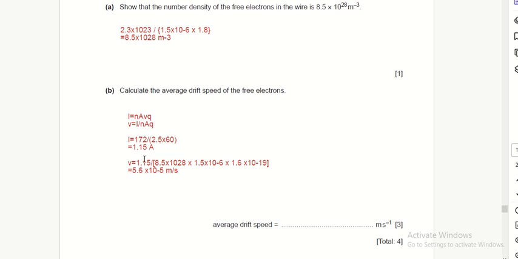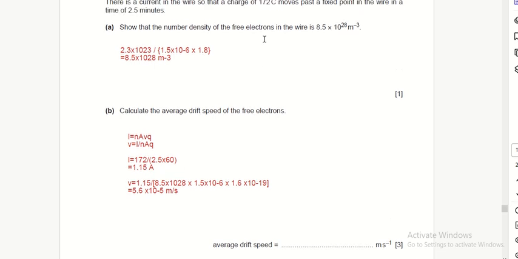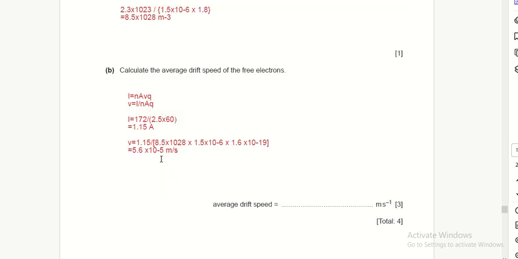I is 172 over 2.5 times 60, and after that we can easily calculate V. So here is the I calculated, and N, also calculated before, A given, and Q is 1.6 times 10 to the power minus 19.